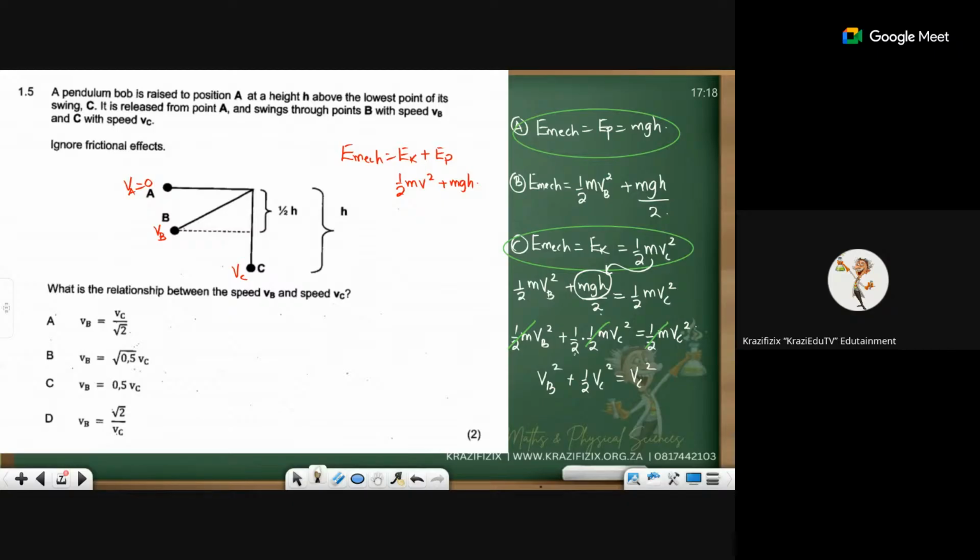Can I move that VC squared over? What would I have? VB squared equals 1 minus half, which gives me half VC squared. Can we find the square root?